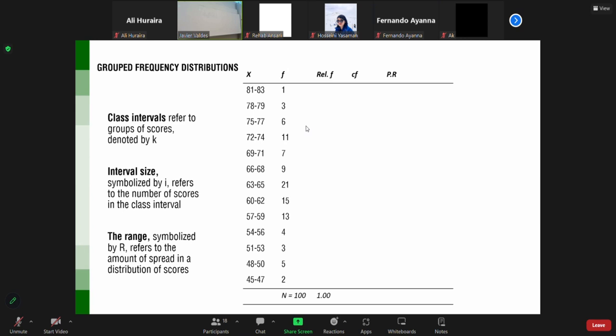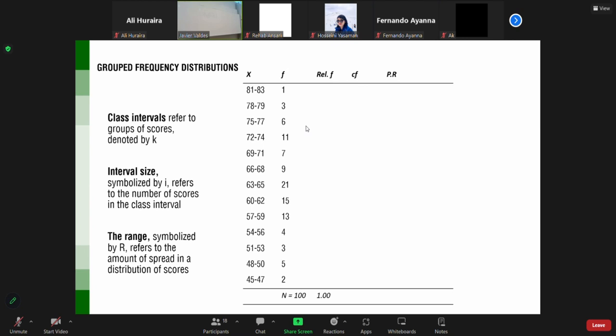So the interval size in this sample is equal for all of the different classes. Can it be different? Yes. We will look into that later, okay? How to make them a little bit more fancy.